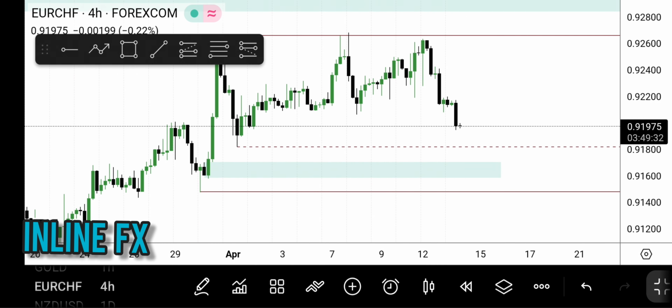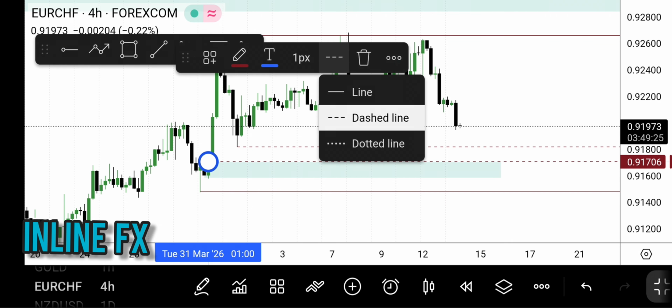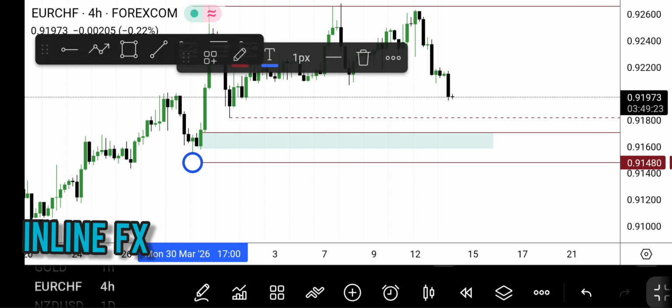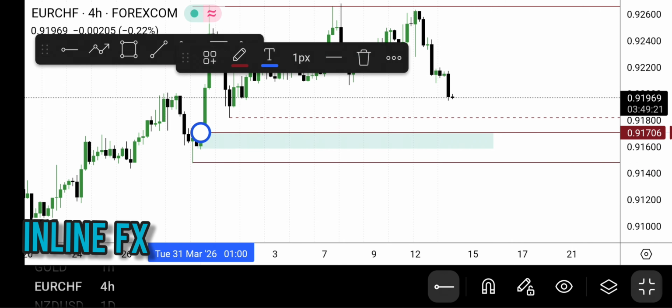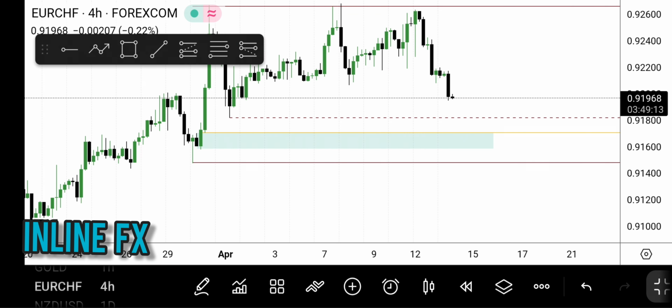We are having our entry here. Then our stop loss is going to be just below that low. So this is our entry, let's put it in yellow, and this low is our stop loss.